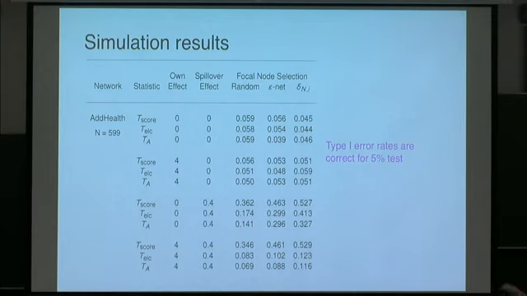These tests are exact. The power is really greatly affected by the choice of the focal nodes and the test statistics. So we recommend using something like the score test statistic that I showed earlier, and it can be helpful to select the focal nodes by finding this maximal independent set or something along those lines.